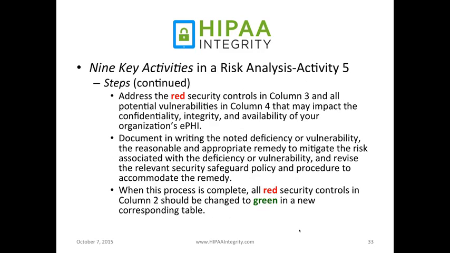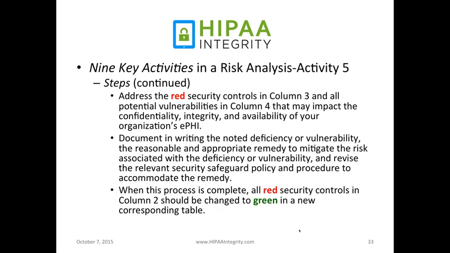Continuing, you're going to address the red security controls once you've identified them all, and any potential vulnerabilities that may impact the confidentiality, integrity, and availability of your organization's PHI. So what you have are existing security measures that you may not think are up to the task, and any other vulnerabilities.